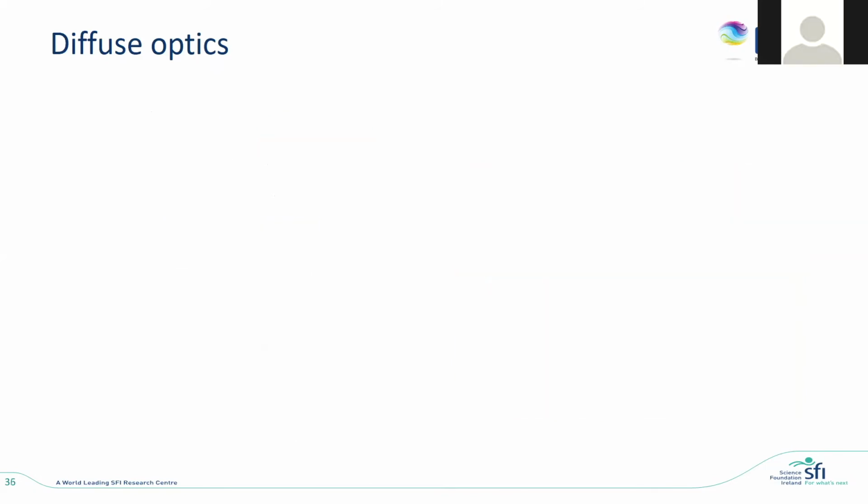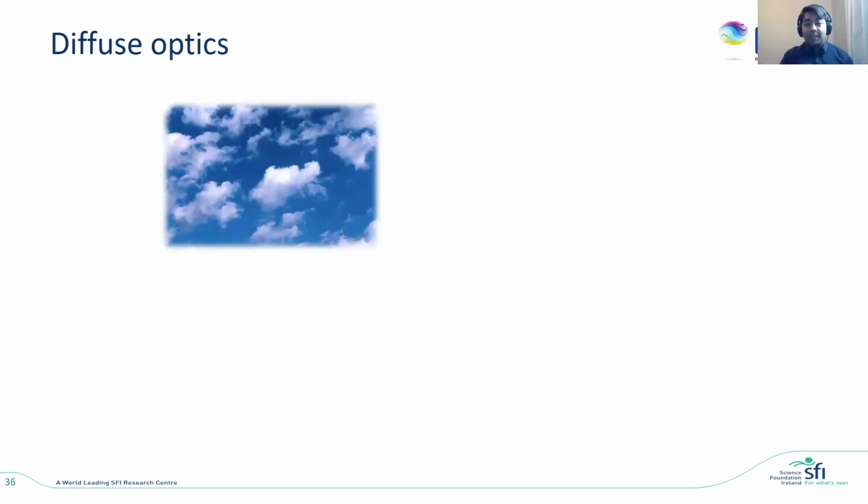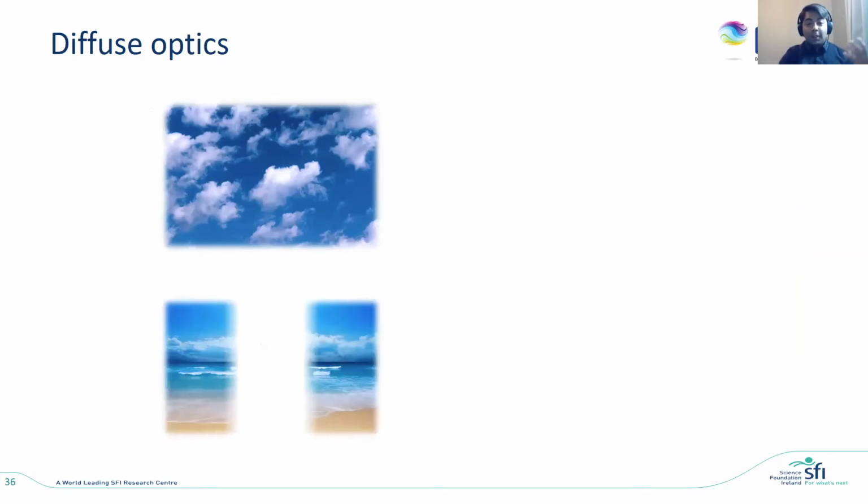Diffusion can be found almost everywhere. You can see this in the clouds in the sky, or if you go to the beach, just remember the last time you have gone to the beach, you may have seen the diffuse optics happening there.